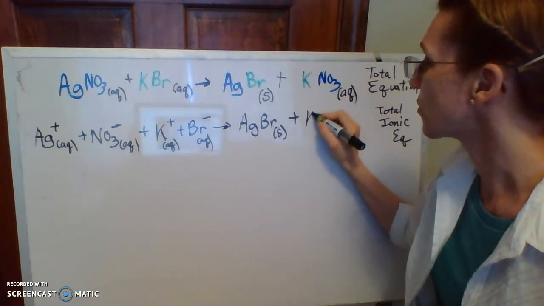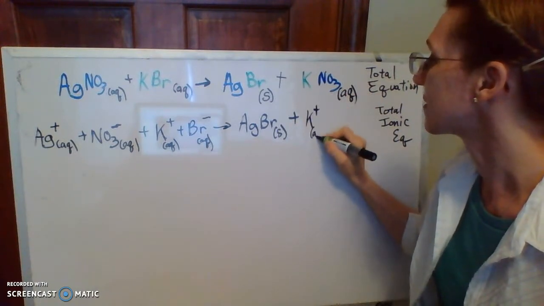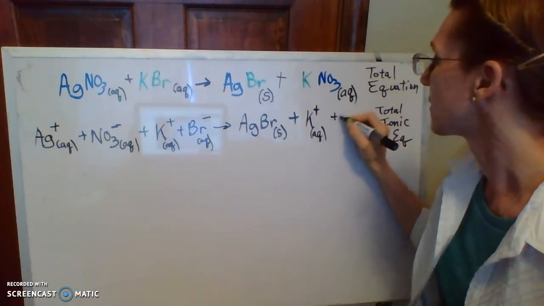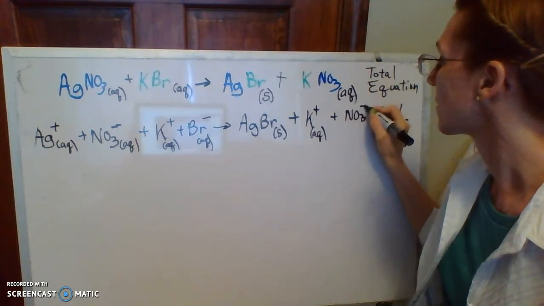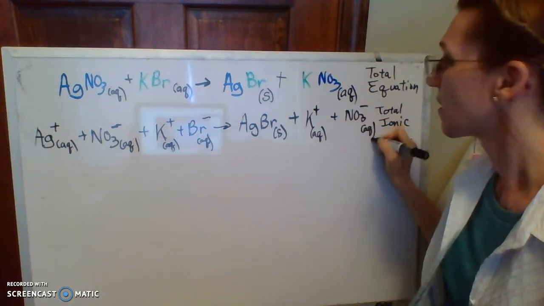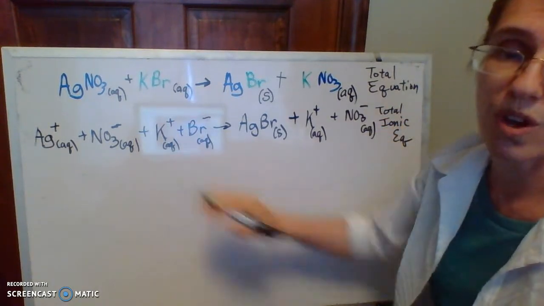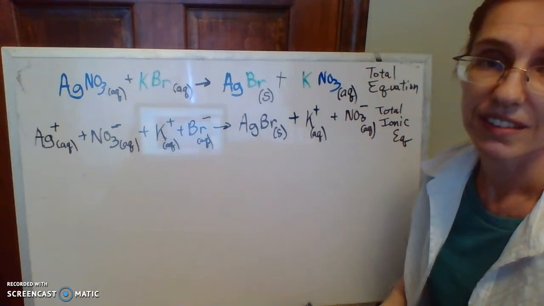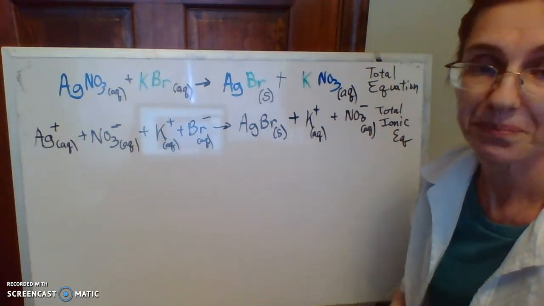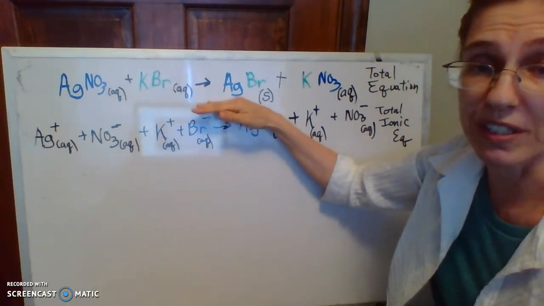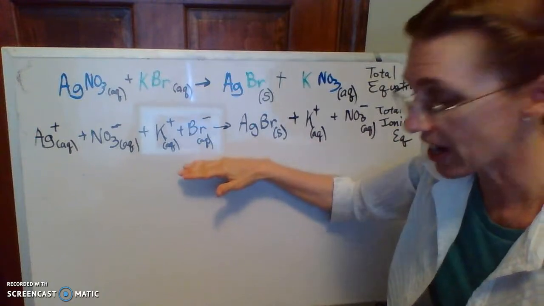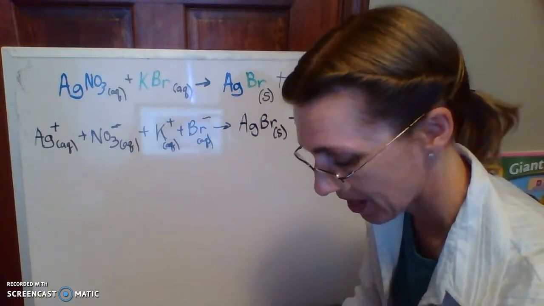So the AQs get broken down to the ions. So this is the total ionic equation. All right? If it's balanced up here and you do the transformation for the numbers right, it'll be balanced down here.